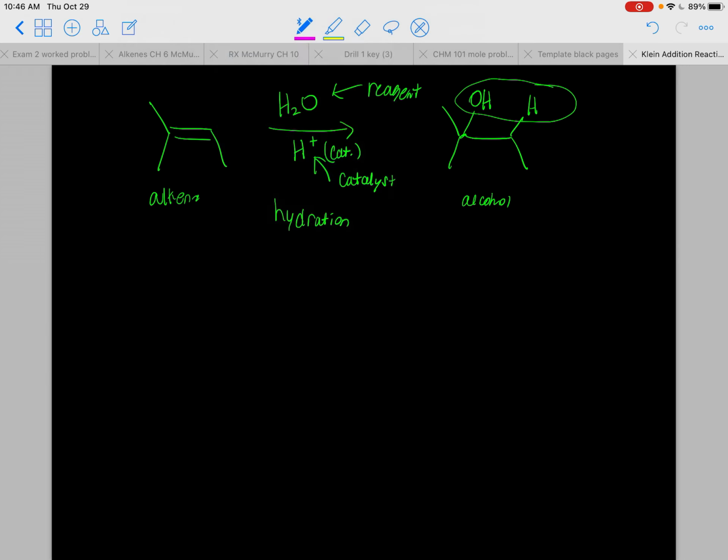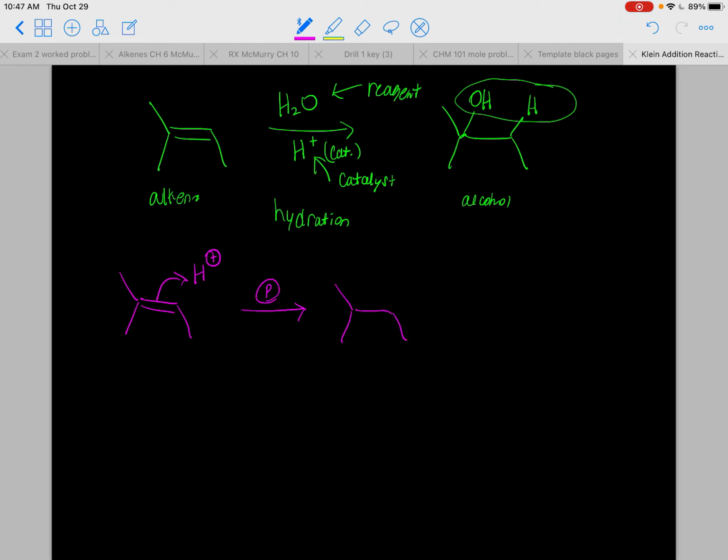The mechanism is going to involve formation of carbocations. And in the first step, you involve your catalyst, okay? So we attack H+. Now, the H+ could be sulfuric acid, toluene sulfonic acid, phosphoric acid, many different things. But I just draw H+ to keep the mechanism easy. And this is P for protonation, okay?